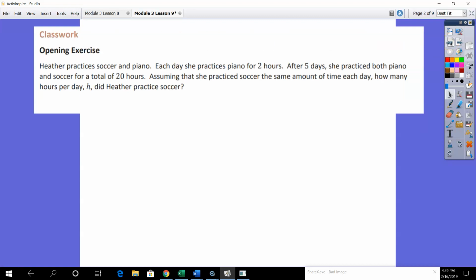Okay. So, she practices soccer and piano. Each day, she practices the piano for 2 hours.